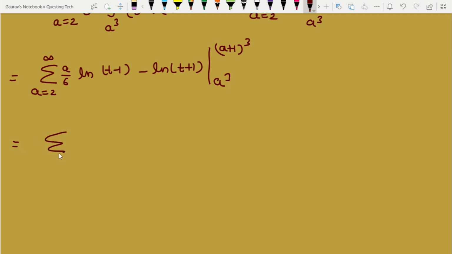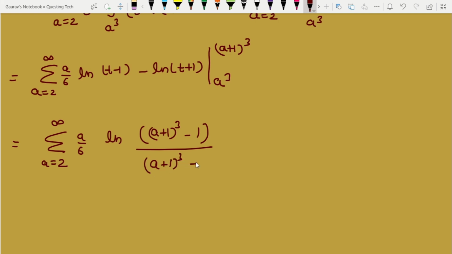Can we write this as summation a equals 2 to infinity, a divided by 6 times ln of (a plus 1) cube minus 1 divided by (a plus 1) cube plus 1. Okay. Minus, we can write this as ln of a cube minus 1 divided by a cube plus 1.